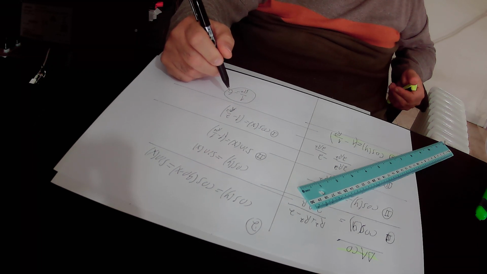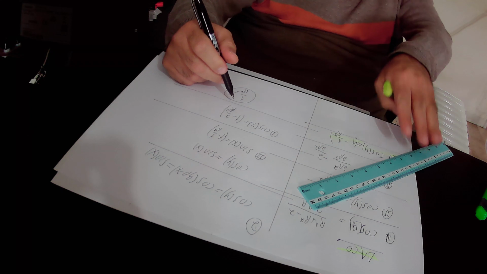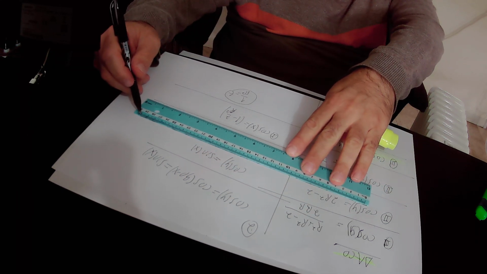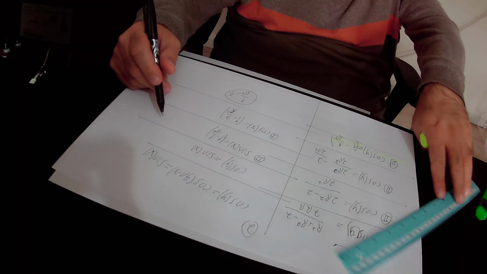So we substitute 1 over r squared in both equations, equation number 1 and equation number 2, by t.